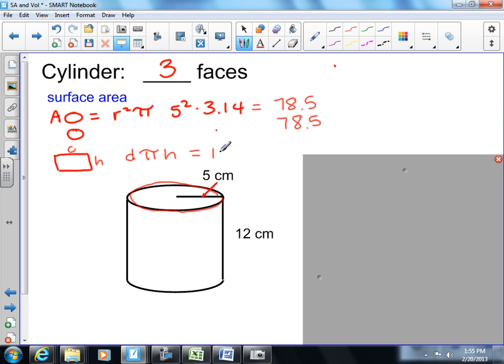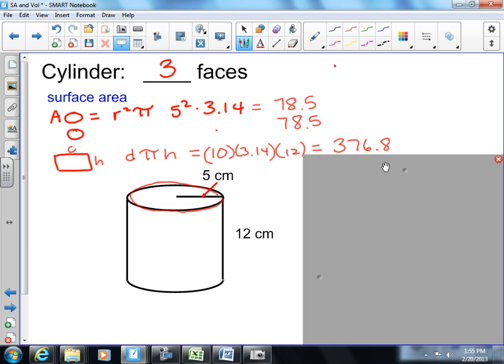Now let's plug the numbers in. The diameter is how much? 10 times 3.14 times your height, which is 12. And what do you come up with? 376 and, okay, is that right?